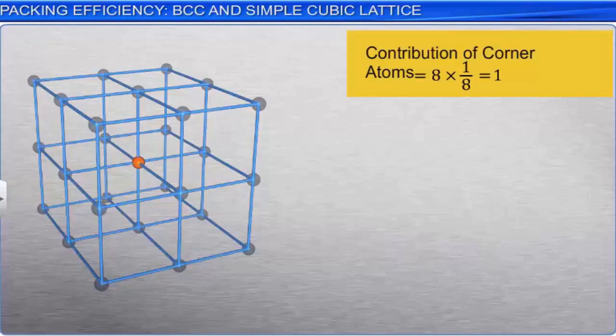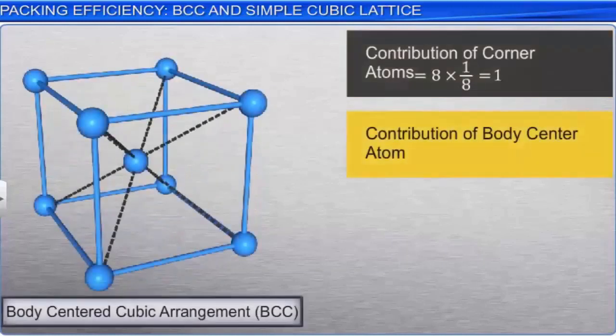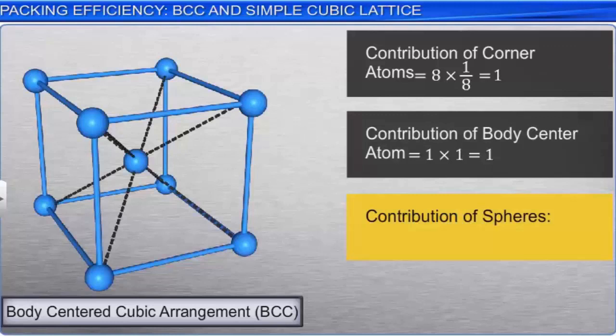The contribution of the atom at the body center is equal to 1 into 1, which is equal to 1. So the total contribution of the atoms per unit cell is 1 plus 1, which is equal to 2.